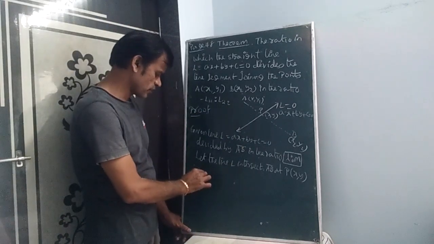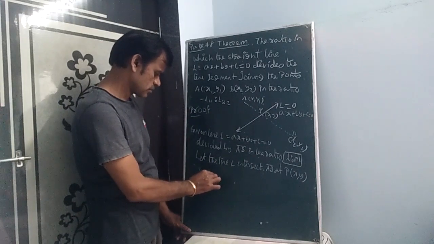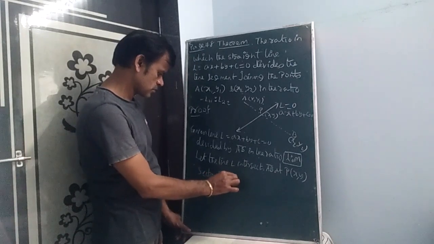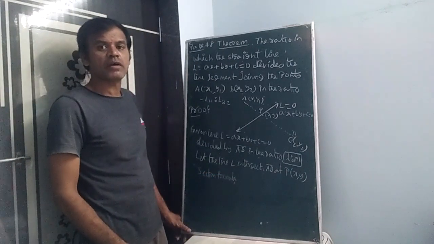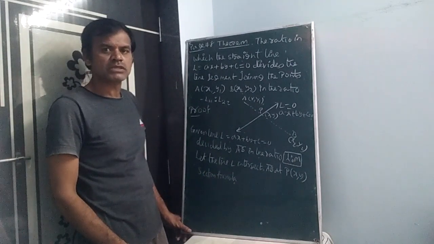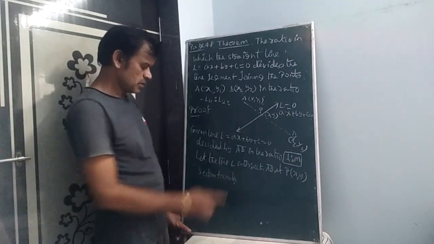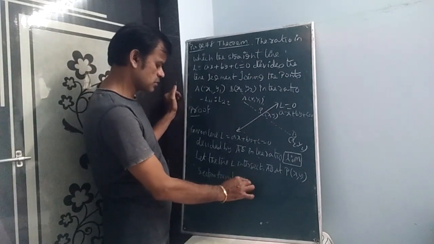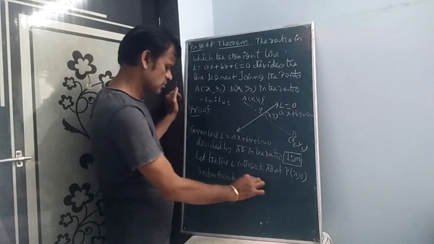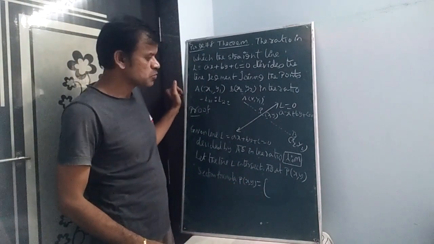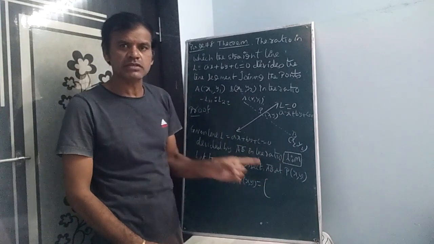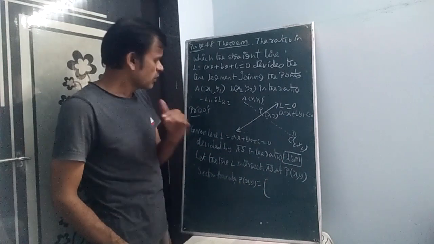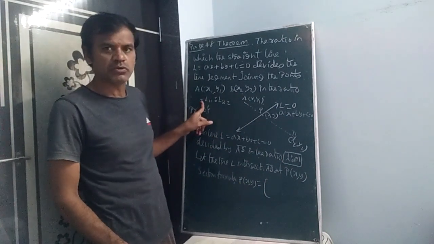I am writing the section formula: (mx2 plus nx1) by (m plus n) and (my2 plus ny1) by (m plus n). Apply here P (x, y) is equal to... whatever the value, first letter L, second letter M. General notation is M is to N, but here we take L is to M. Why? Because we should consider the L11, L22 concept.